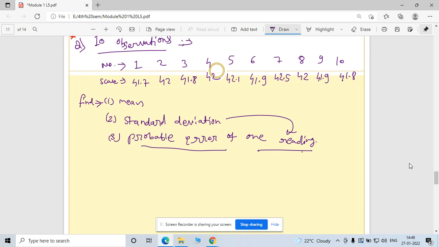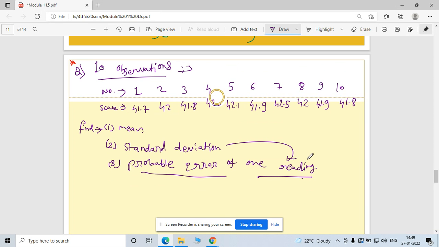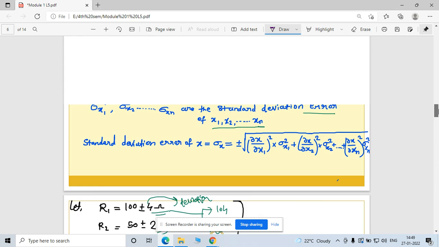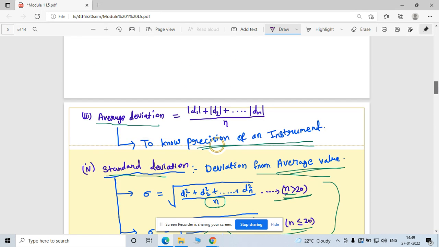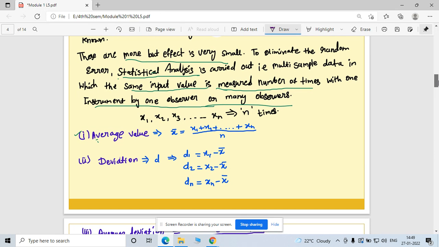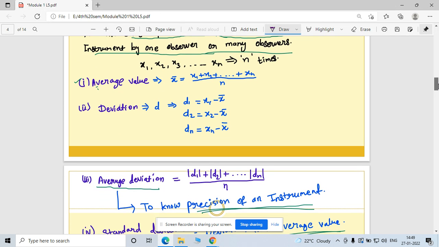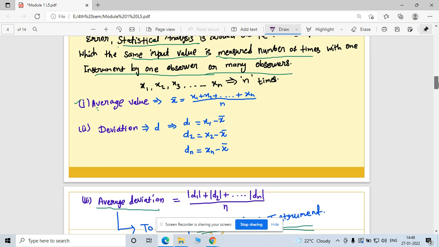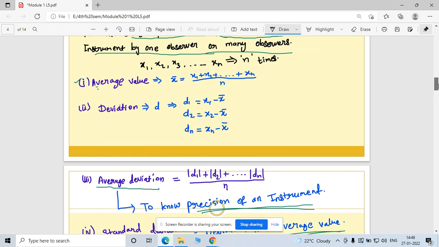Try to solve it using the formulas. Which formula do you use for the mean? Mean is nothing but the sum of all the readings divided by the number of scales. That is your average value, which is the mean.